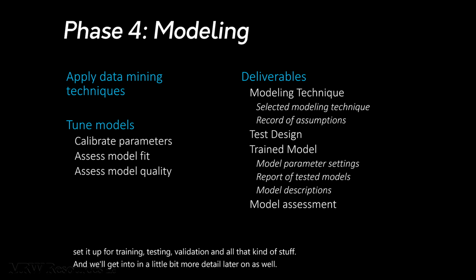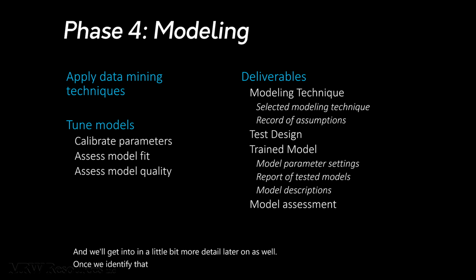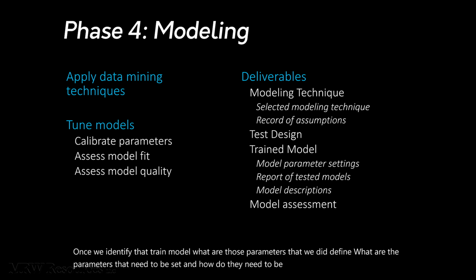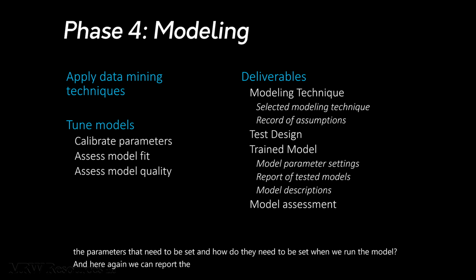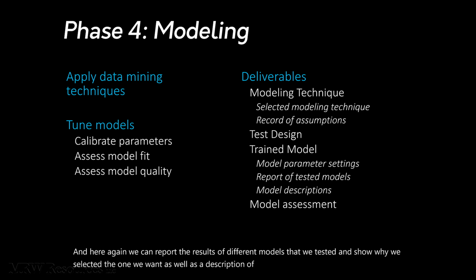Once we identify that trained model, what are those parameters that we did define? What are the parameters that need to be set, and how do they need to be set when we run the model? And here again, we can report the results of different models that we tested and show why we selected the one we want, as well as a description of the competing models as well.